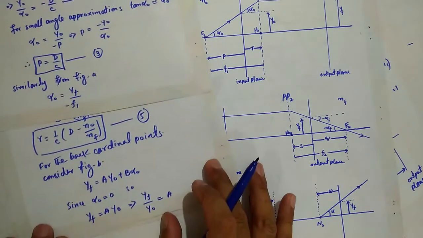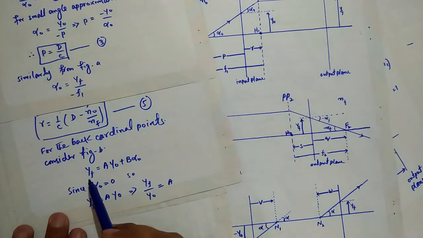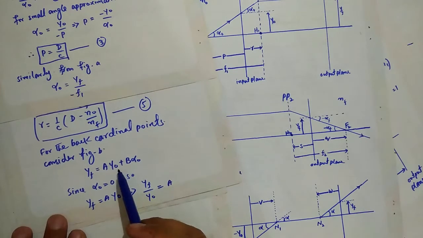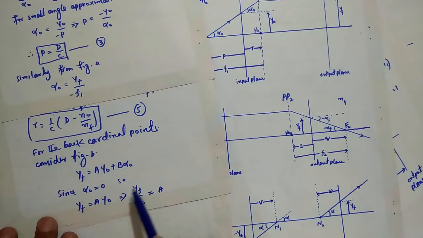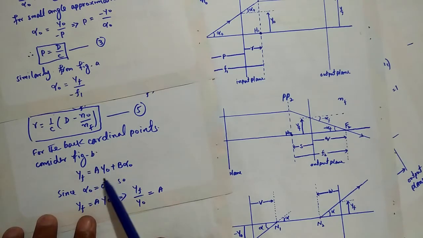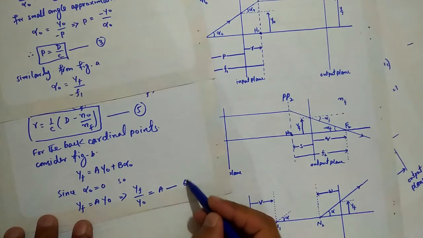Here YF. This is the primary equation for the optical system. YF equals to A y naught plus B alpha naught. But here in this figure, alpha naught is equal to 0, so this equation will become YF equals to A y naught, or YF over y naught will be equal to A. Let this be equation number 6.